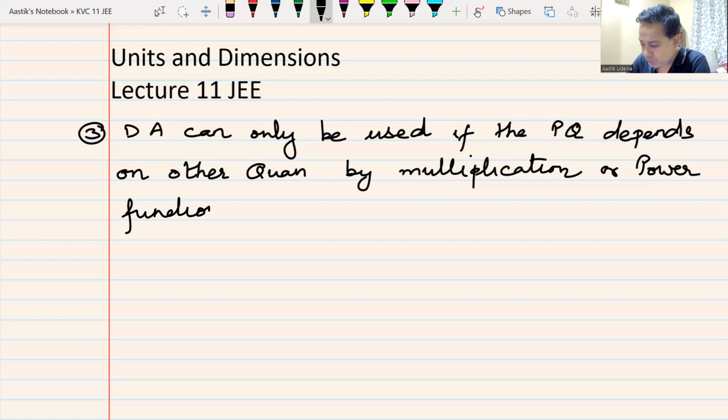So it will be useful if I have dependency of a physical quantity based on multiplication of those quantities.